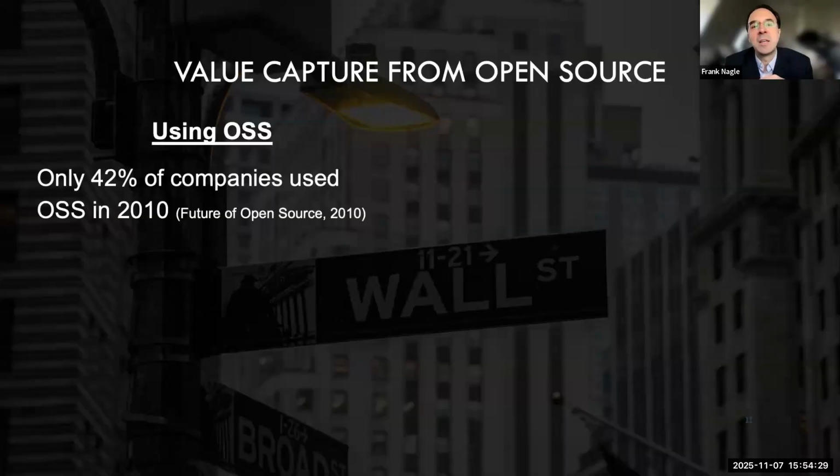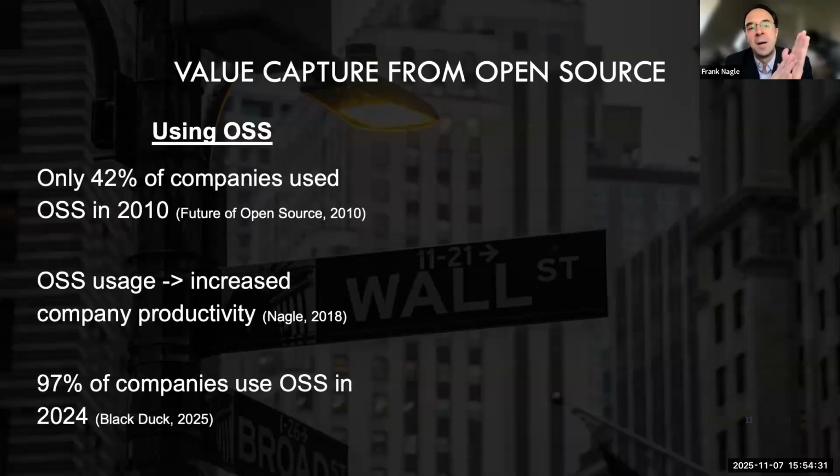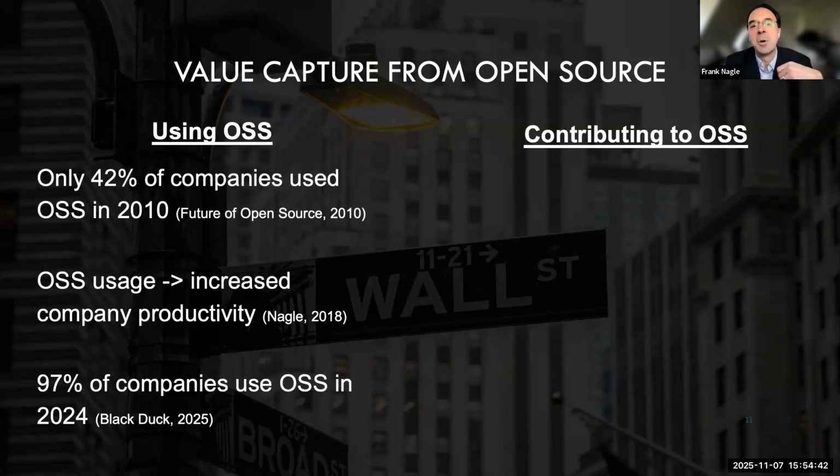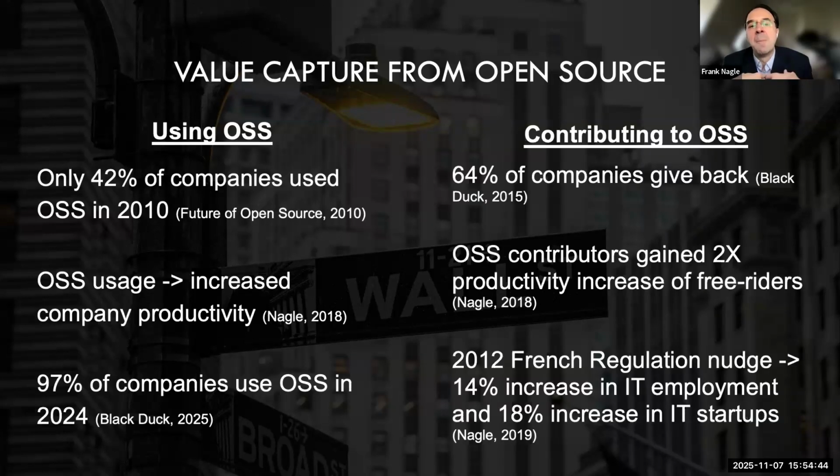And what we find is that as recently as 2024, 97% of companies are using open source. So open source has won the day on the usage side, but on the contribution side, we don't see quite as many companies giving back, right?